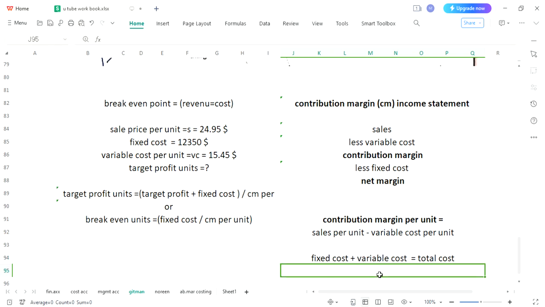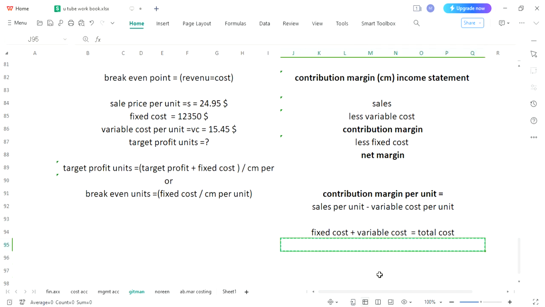So fixed cost is a cost which will never be altered. If you are making a low number of units, if you are making a higher number of units, or even if you are not working at all, that cost will remain the same. This is called your fixed cost.